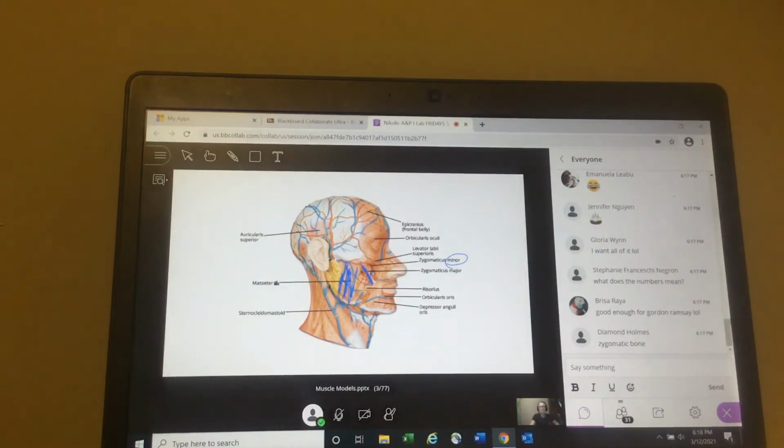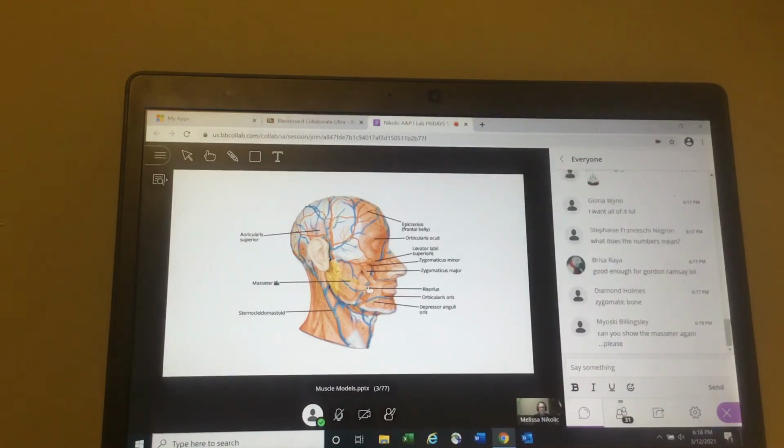Jensen, do you have a question? Yes, I did. I wanted to point something out because it's kind of hard for me to see. I see the image, but I just wanted to make sure that I understand what you're saying. So this right here is the zygomatic major, right here?